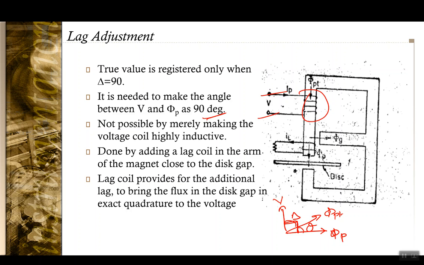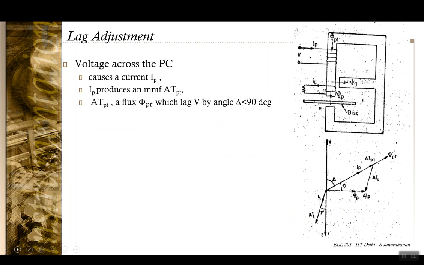This lag adjustment, let's go a little more into that. Now you have a voltage V connected across the pressure coil, and this V is causing a current IP which lags by delta. This is generating an MMF ATPT, and consequently a flux phi pt.